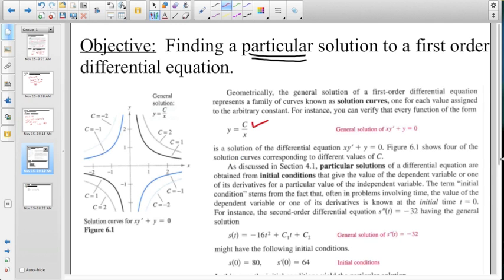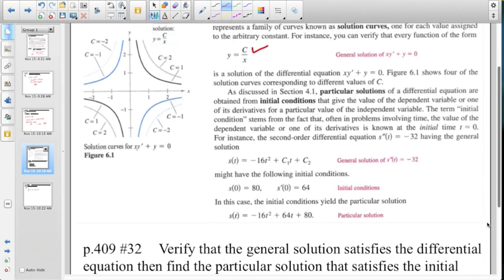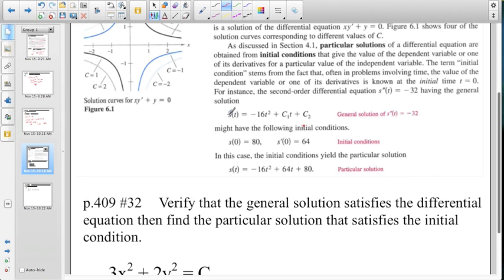But if we have a set of initial conditions, like we have down here, then we can put those initial conditions into the differential expression and the solution to that differential expression, and come up with a particular solution that no longer has these constants of integration.